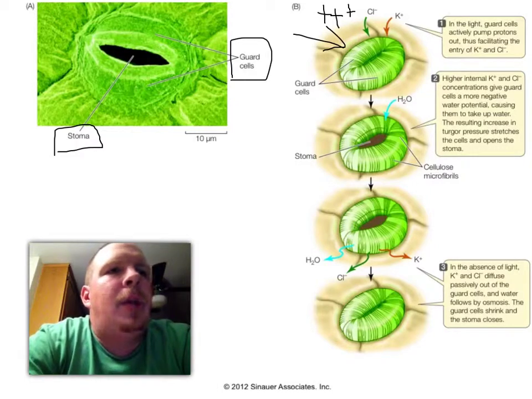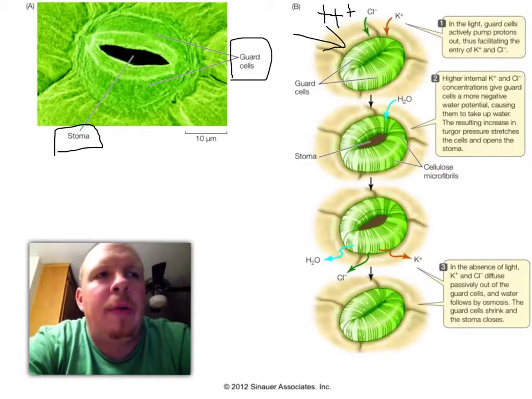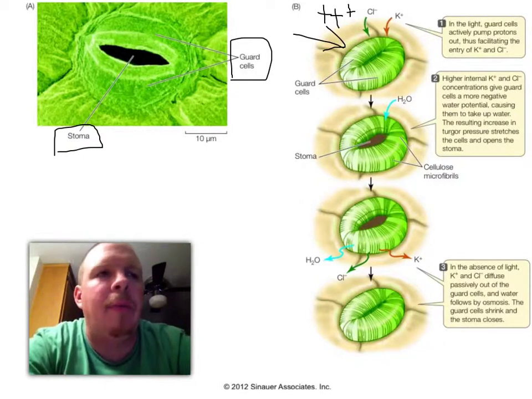When the hydrogen ions, the protons, are pumped out, that allows potassium and chloride ions to move into the guard cells. When the potassium and the chloride move in, water is also easily able to move in.